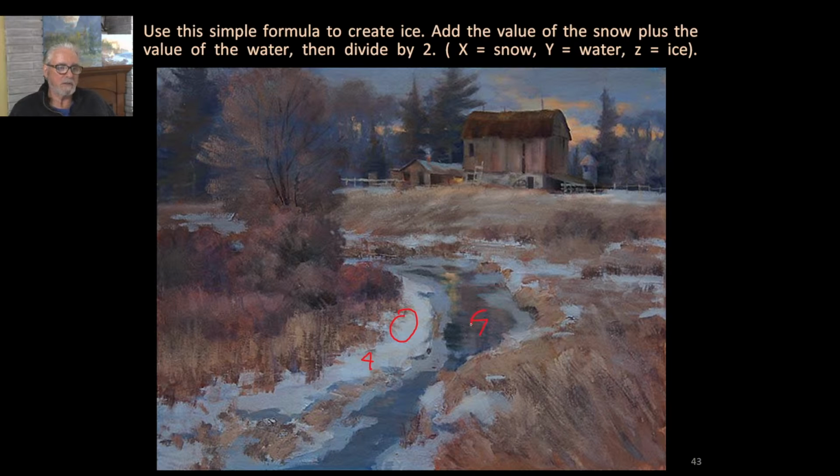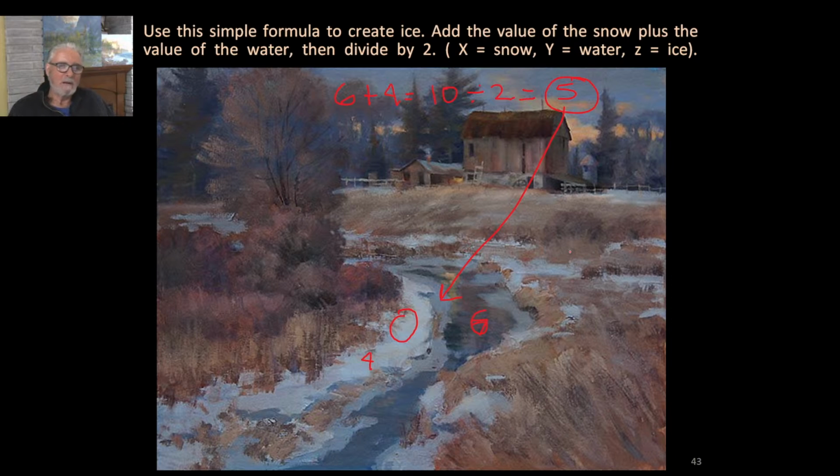Okay, let's call it 6 so we get an even number. 6 plus 4 equals 10. Divided by 2 equals 5, which is the value of your ice.